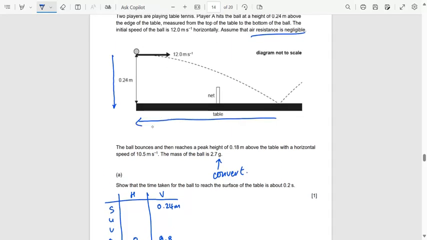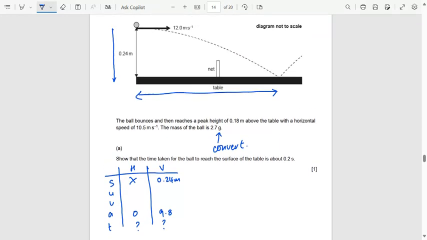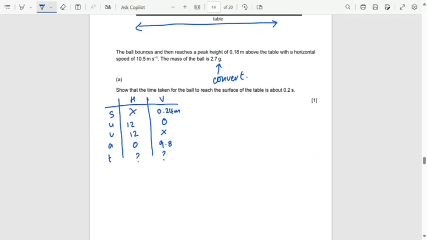I don't know the range whilst it falls, so I don't know that. I know that the initial horizontal speed is 12, and at the point where it strikes, it's still 12. I know that the initial vertical velocity is 0 because it only has horizontal velocity, and the final velocity I don't know. So this is what I've got.